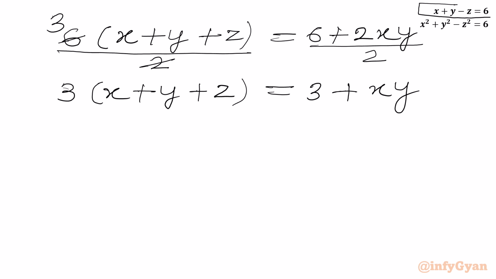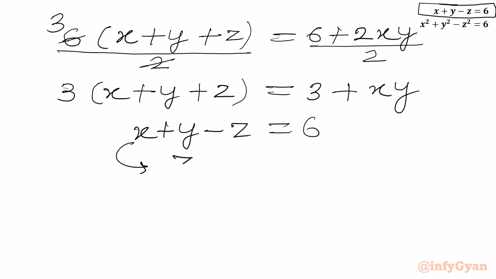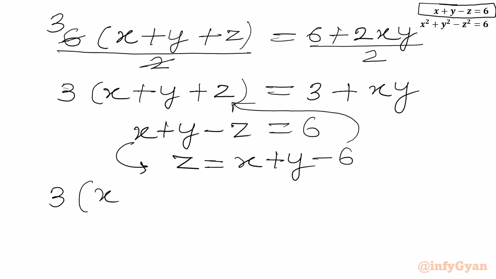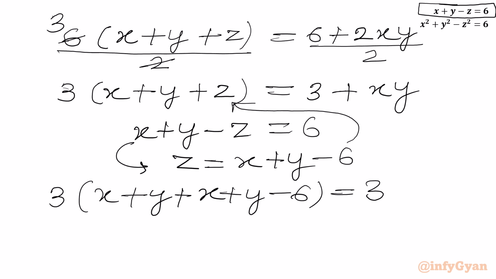Now from equation number 1, x plus y minus z equal to 6. From this equation, if I will write the value of z, then this will be x plus y minus 6. This z we will apply here. So I can write 3 times x plus y plus x plus y minus 6 equal to 3 plus xy.